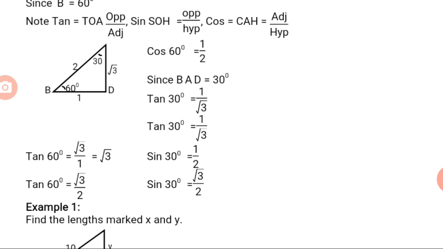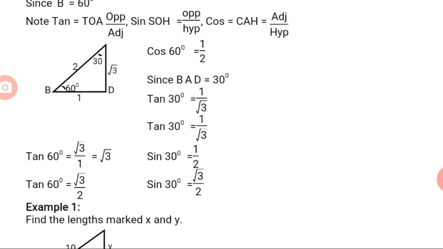Since angle BAD is 30 degrees, therefore tan 30 degrees: look at where 30 degrees is. We want the tan, that is opposite all over adjacent.